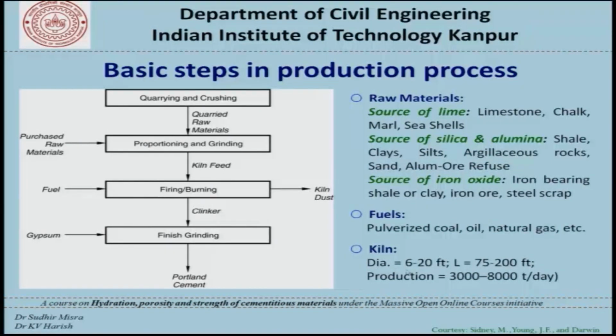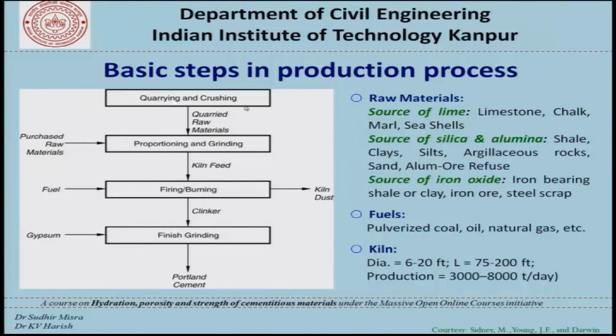The diameter of the kiln ranges from 6 to 20 feet. The length of the kiln ranges from 75 to 200 feet. The production of the plant typically ranges from 3000 to 8000 ton per day, which means 3000 to 8000 tons of cement is produced per day.